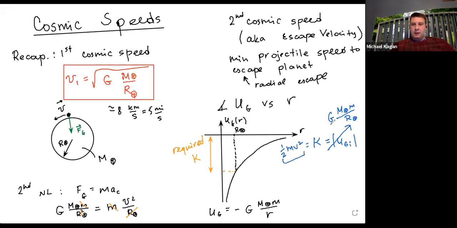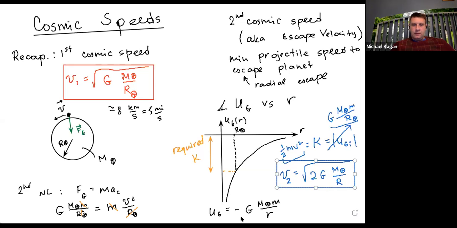Now compare this and this, cancel the little mass. You get that v equals the square root of 2G M Earth over R. And this is exactly the second cosmic speed, or the escape velocity. You guys have any questions? How we got here? All is good?